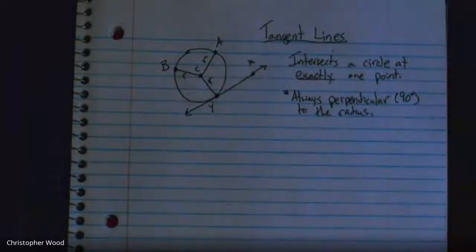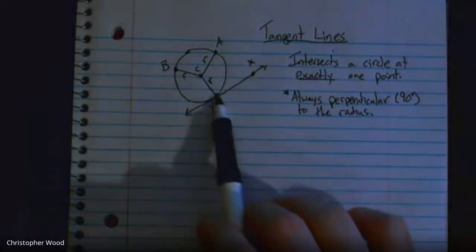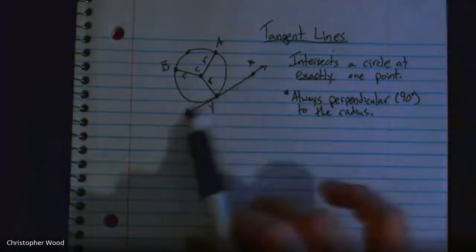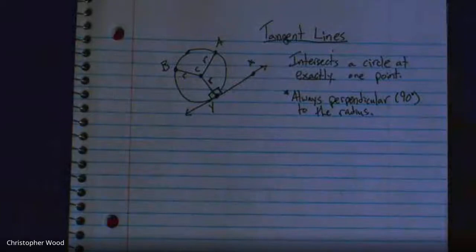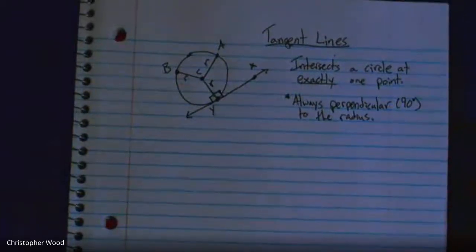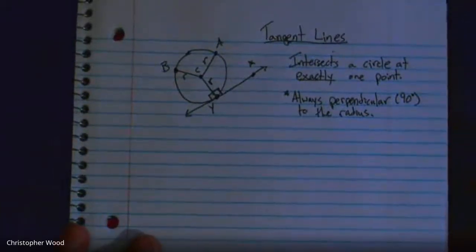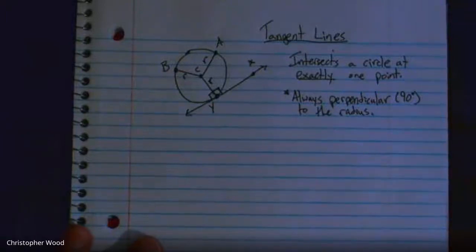If I draw a radius that crosses at that point of tangency, right here where the line XY crosses at point Y, there will always be a right angle. So if there's a right angle on one side, there's also a right angle on the other side. The radius and the tangent line are always perpendicular to each other.